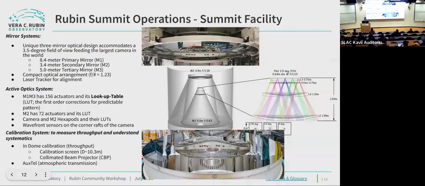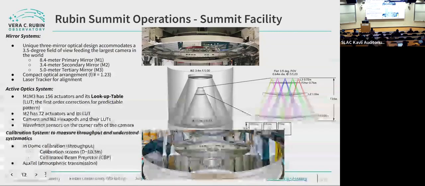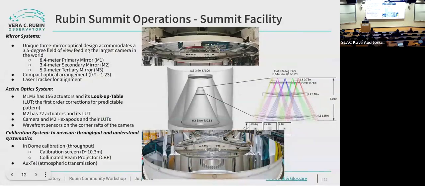In the center of our M1M3 system, there's a laser tracker, which is for alignment. And we also have an M2 of 3.4 meters. As you can see in maybe the next slide, the optical system is very compact. The F ratio is about 1.23, so it's much shorter than other similar-size telescopes.